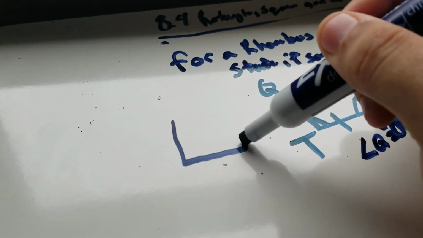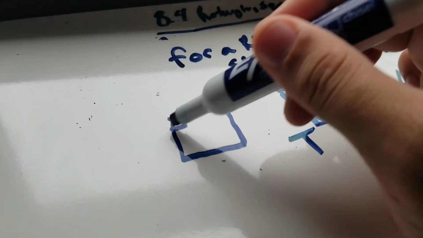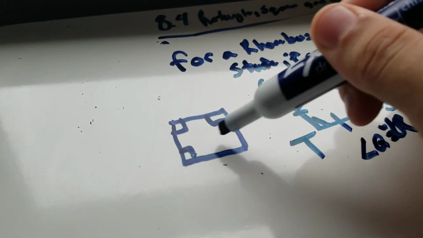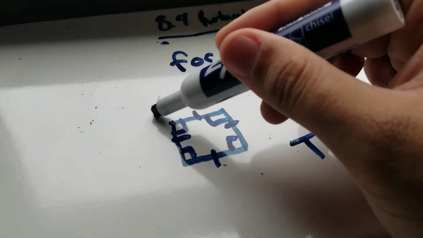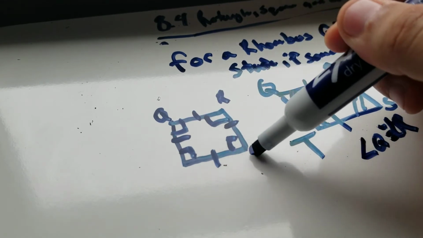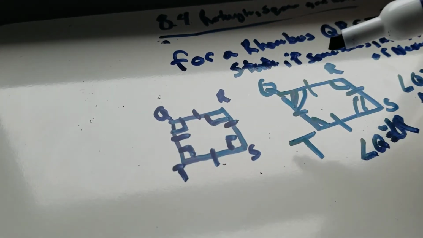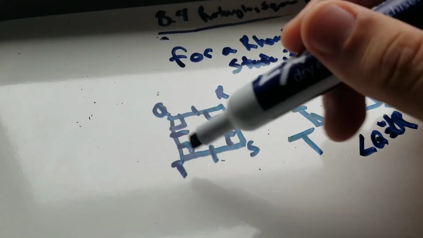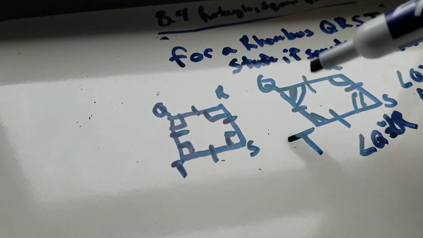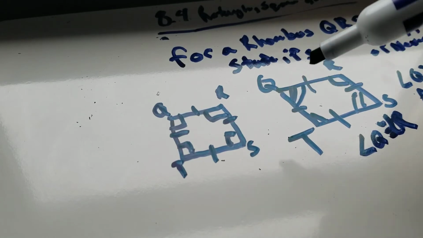If you're thinking about a square, that is the correct answer. Remember, the only thing that defines a rhombus is that it's four-sided and all the sides are equal.